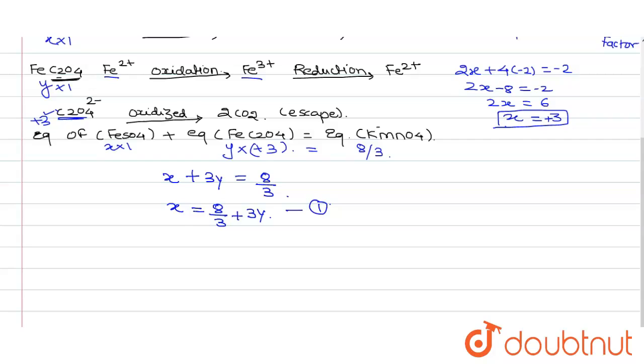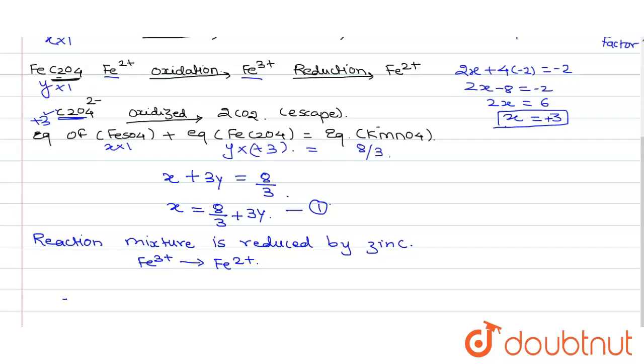Now the reaction mixture is reduced by zinc. When the reaction mixture is reduced by zinc, Fe3+ is getting changed to Fe2+ for FeSO4.